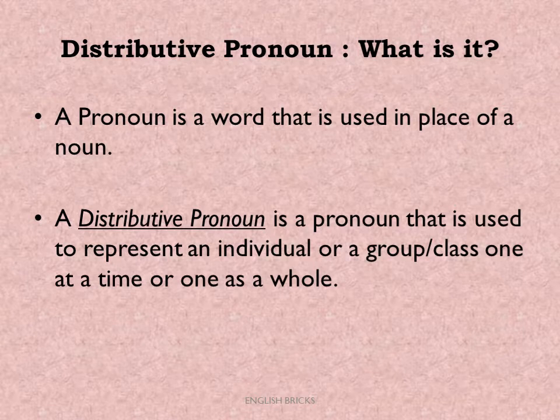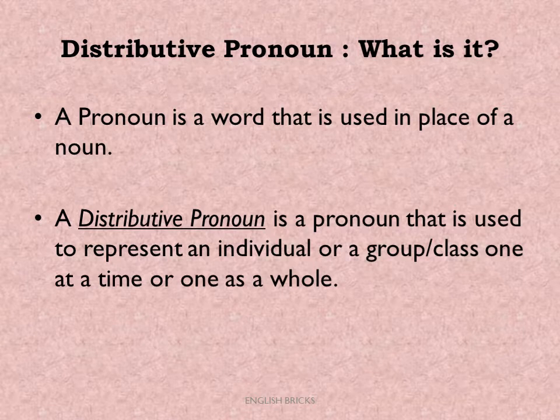So, at a time it represents only one individual person or one individual group or class. The whole thing, say for example, something like a collective noun, is treated as one.